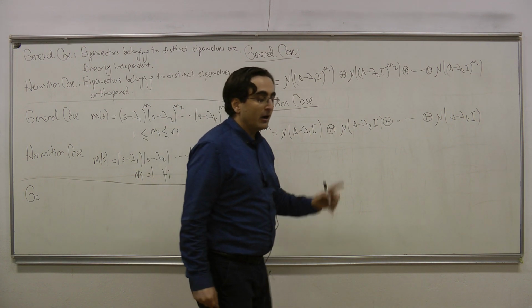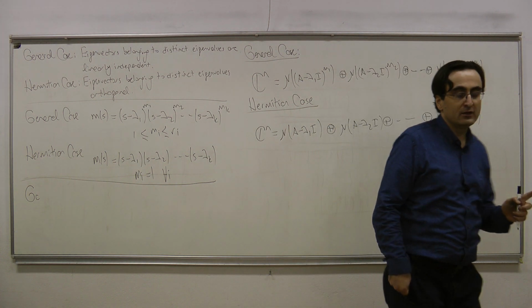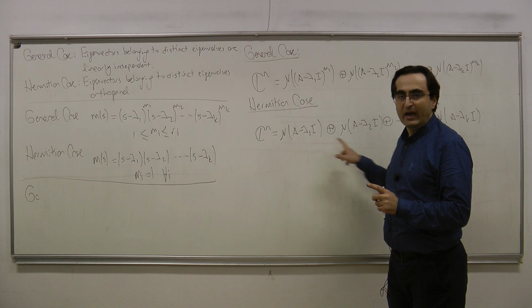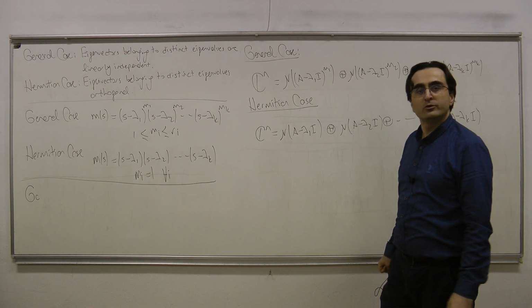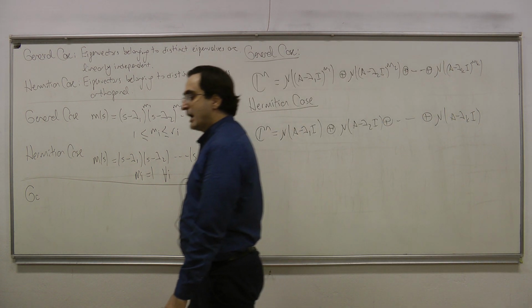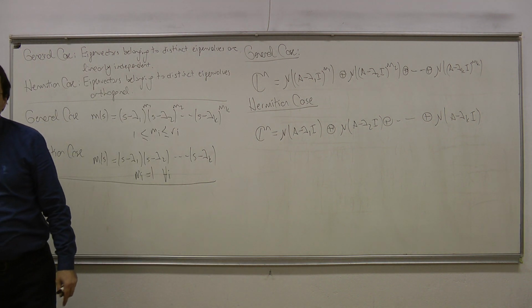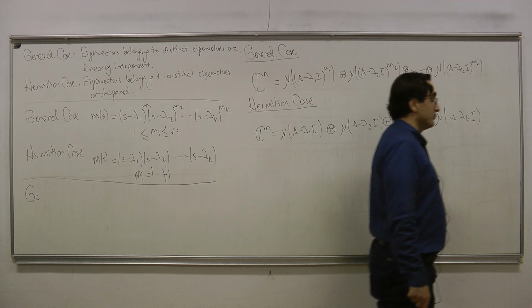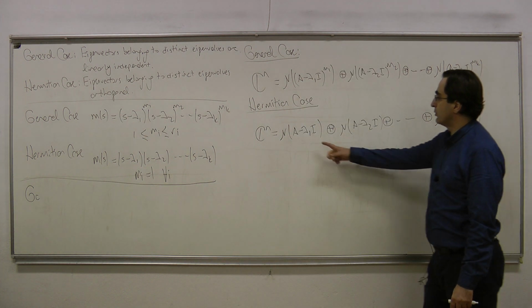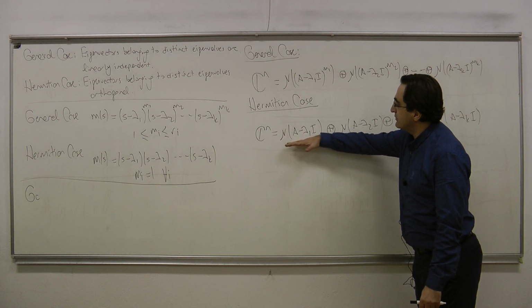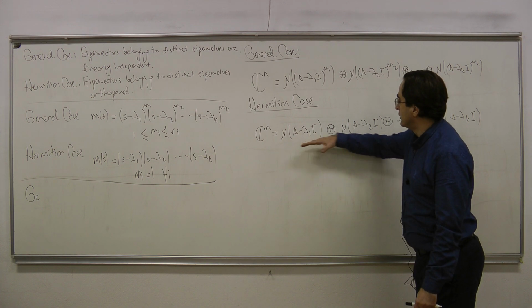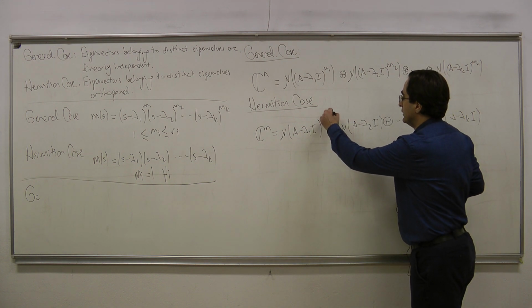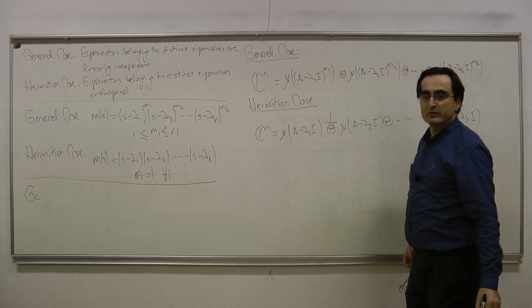And we have already shown that eigenvectors belonging to distinct eigenvalues for Hermitian matrices would be orthogonal. That means that the eigenspace of the first eigenvalue needs to be orthogonal to the eigenspace of the second eigenvalue. That means that there needs to be an orthogonal sign here.